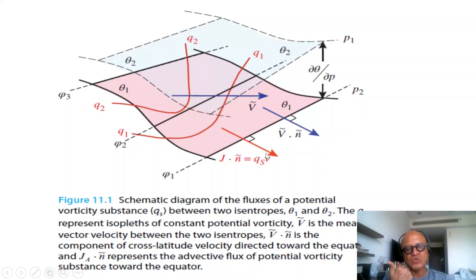Obviously you are interested in the meridional exchanges. So whatever the direction of flow on the isentropes, we are just going to look at the meridional components across latitudes, because we're going to focus on what is happening to the potential vorticity substance in terms of fluxes towards the tropics and out of the tropics.